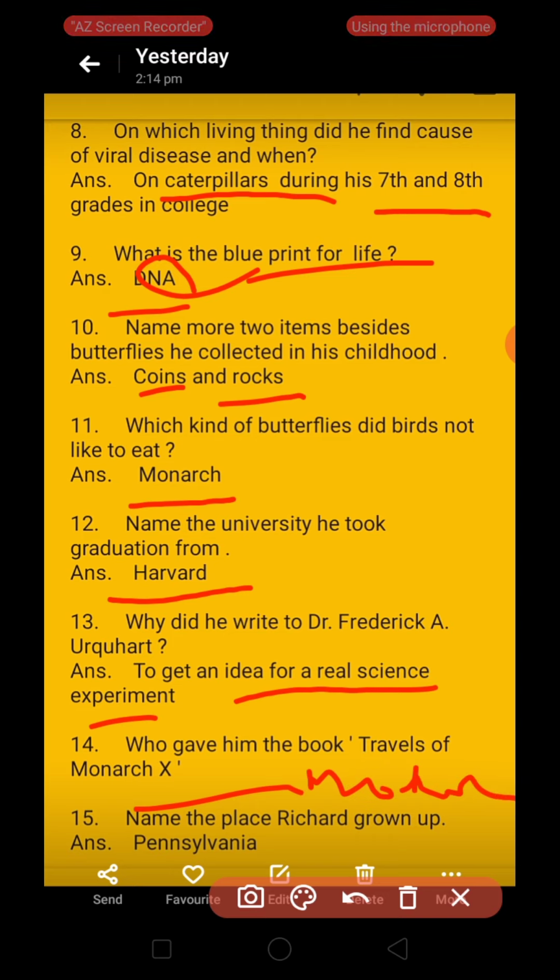Then in question number 15, name the place where Richard grew up, that is, the place where he led his childhood life. The name of the place is Pennsylvania.